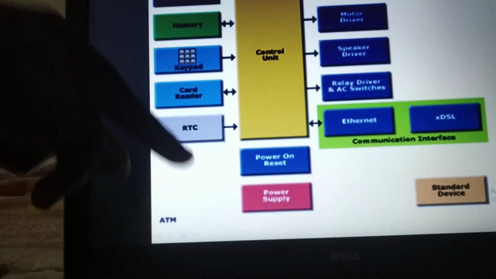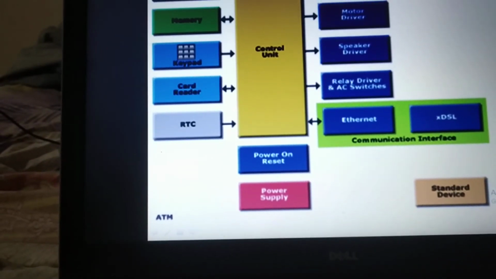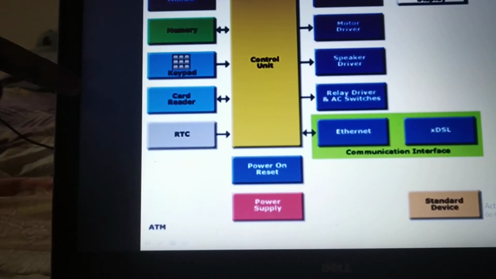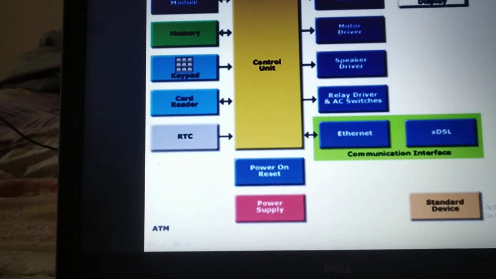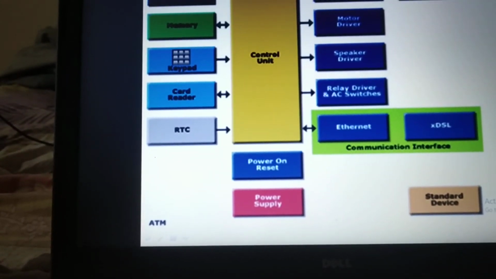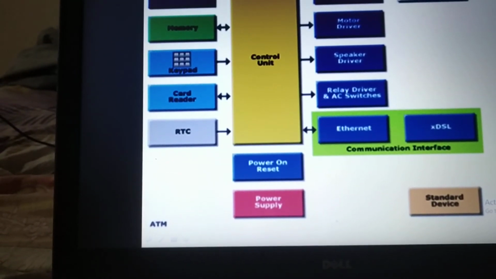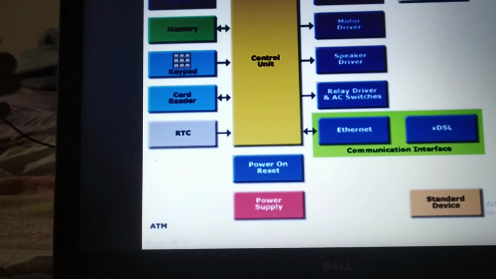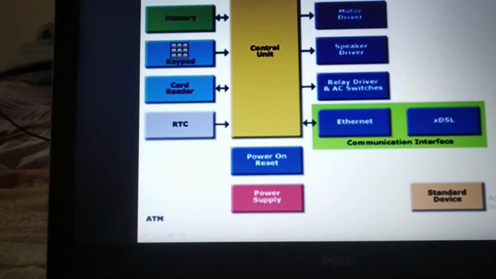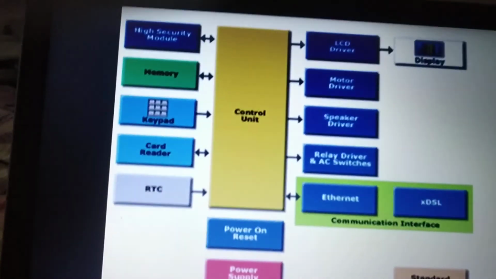And for the reset power supply, suppose any interruption or hanging happens, the power supply will automatically reset and recover the problem. It acts like a watchdog timer. Everybody knows the watchdog timer; it is used to recover from the problem by itself. And then the power supply and standard device. This is the basic operation of your ATM machine. Okay, thank you students.